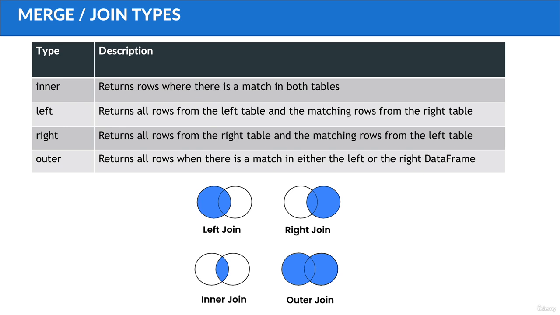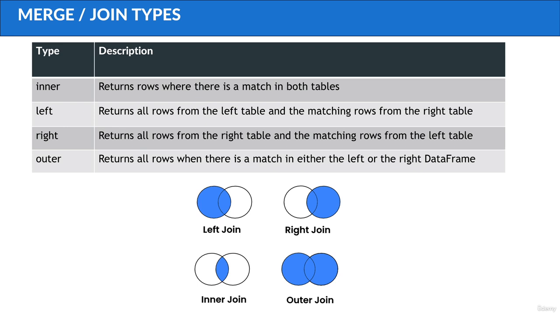Right merge does the opposite, returning all the rows from the right table and then the matching rows from the left table. Finally, we have our outer merge, which will return all the rows from both tables. And at the bottom here, there's also a helpful illustration to help you visualize how these work.